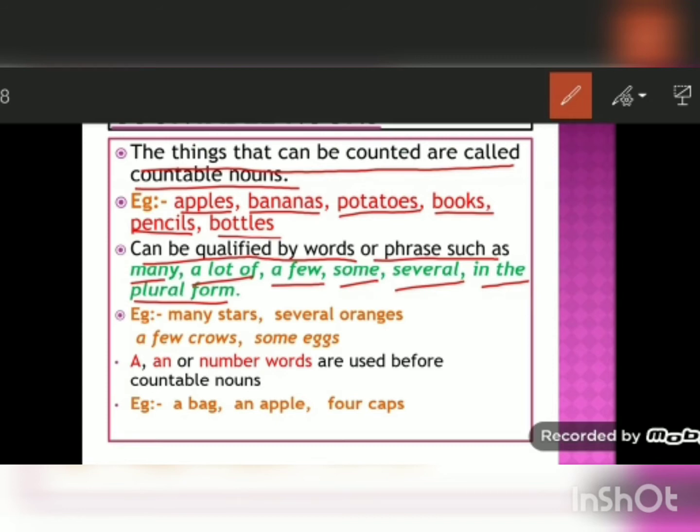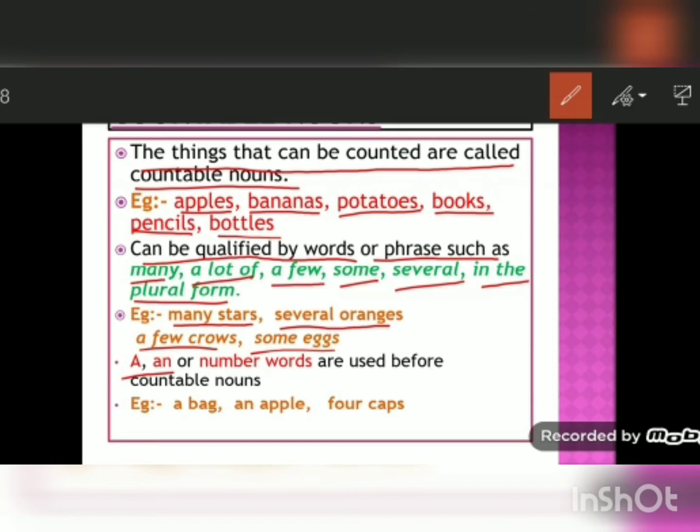For example, many stars, several oranges, a few crows, some eggs. So in this way, using these words or phrase, we can qualify the countable noun.